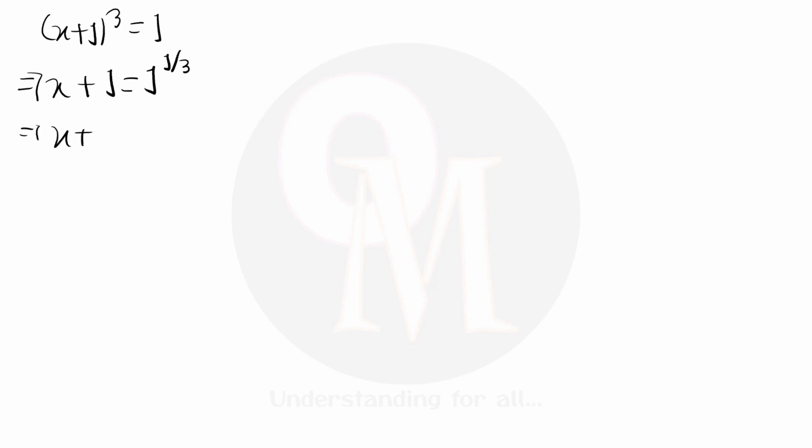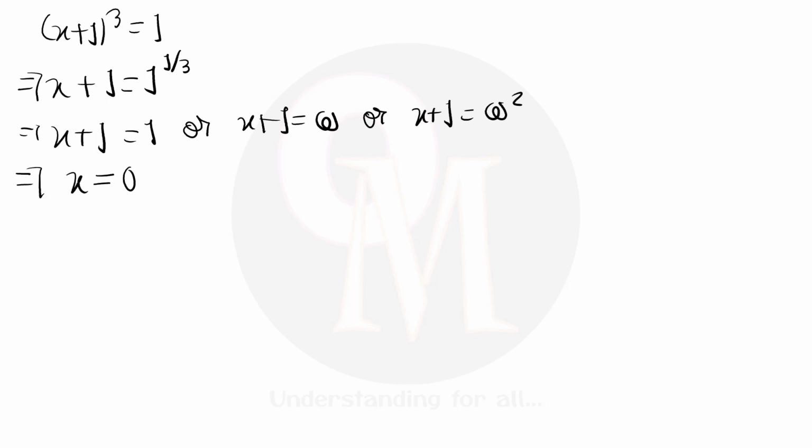This means x plus 1 is either equal to 1, or x plus 1 is equal to omega, or x plus 1 is equal to omega square, which gives us x is equal to 0, or x is equal to omega minus 1, or x is equal to omega square minus 1.